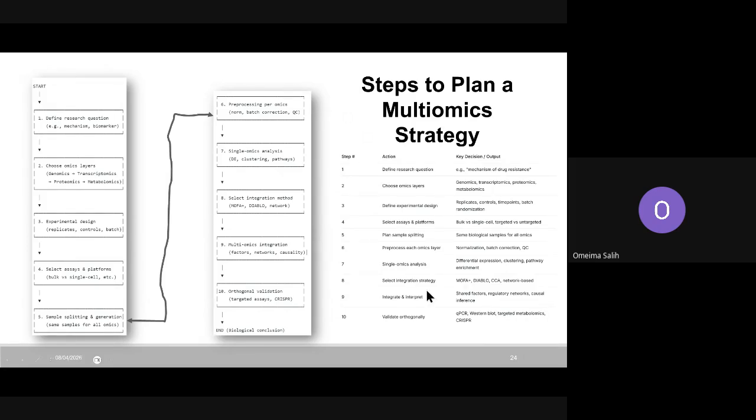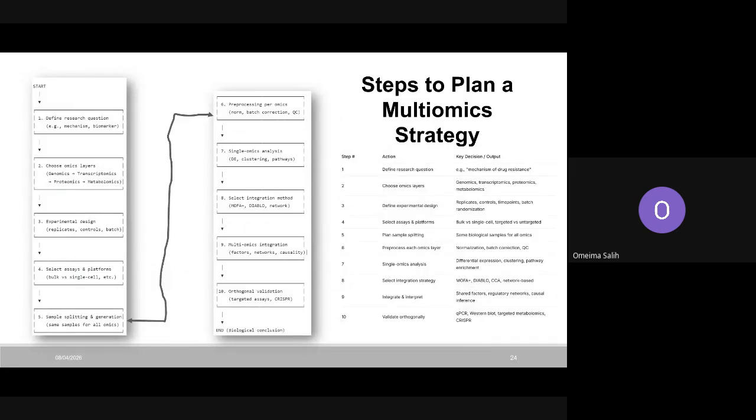Then you select the integration strategy, again according to your research question and what you expect out of this study. Are you identifying cell types? That means you want to use iCluster.